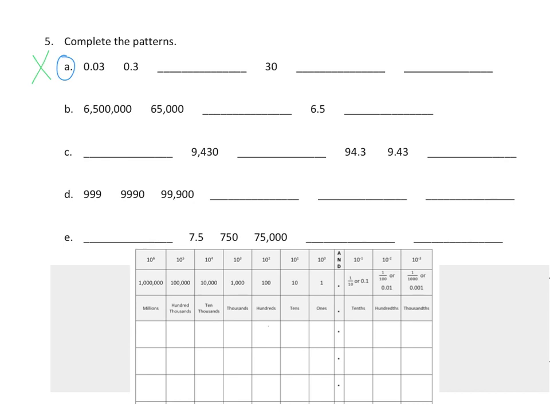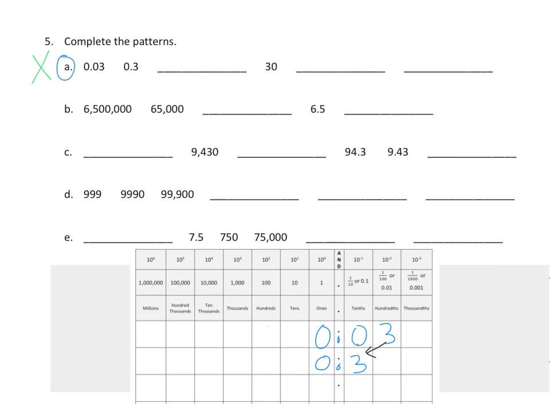So in the place value chart, let's go ahead and write 0 and 3 hundredths. Hopefully you're writing these down on your whiteboard to help you understand. The next number is 3 tenths. And then the next one we've got to figure out. So let's look. It looks like the number is shifting over.